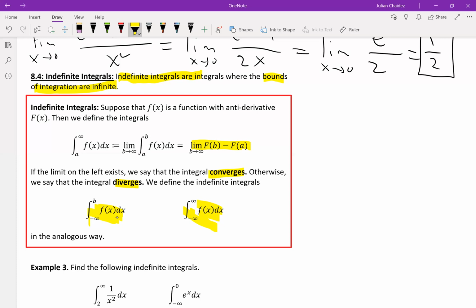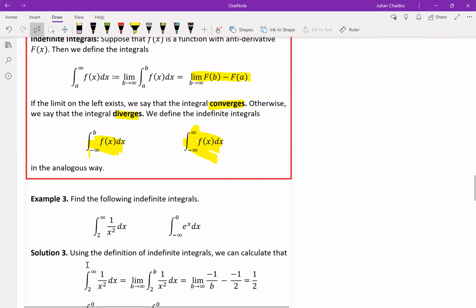And similarly, if I was looking at an improper integral where both of the bounds are infinite, then I just take the limit where b goes to infinity and a goes to negative infinity. So I can define these integrals where I replace any of the bounds of integration with infinity or negative infinity, and I just have to be careful to make sure that the integral actually exists.